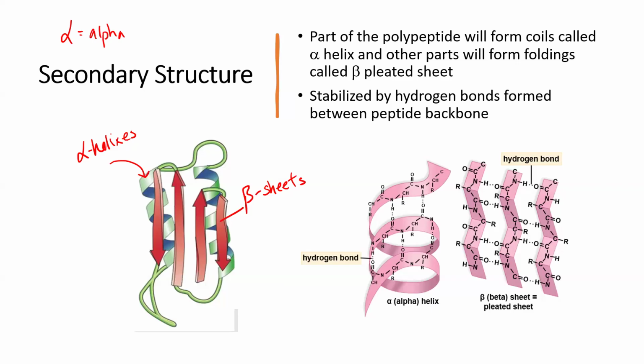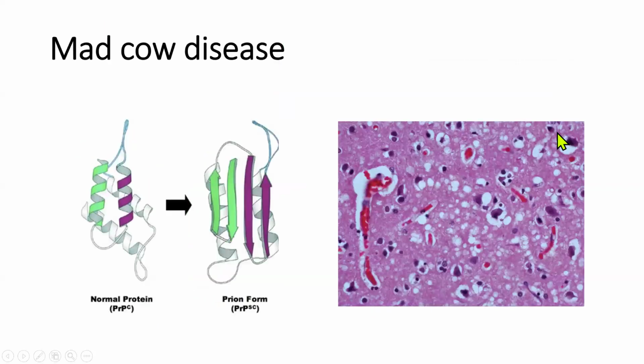So why do we care about these alpha helix and these beta sheets? I will give you an example, okay? I'm not going to test you on it, but I'll give you an example. Does anybody know mad cow disease? Some of you, only some of you. Okay. Well, take a wild guess. How do you catch mad cow disease?